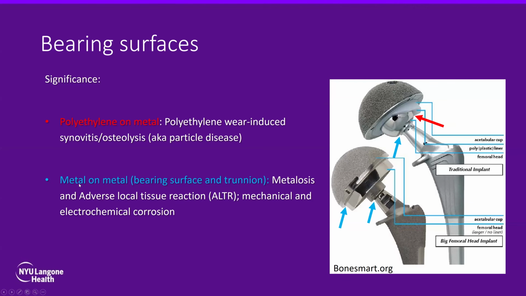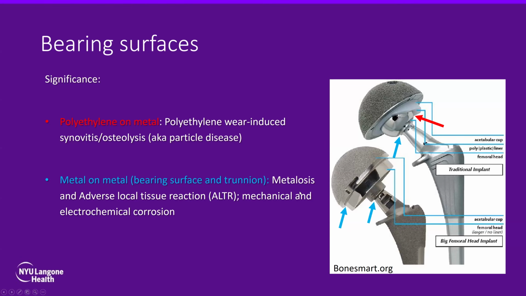On the other side, you may have metal on metal bearing surfaces, which can be between the femoral head and the acetabular cup in a metal on metal arthroplasty, or, as we discussed, the taper and the neck. At the taper and the neck we obviously don't have any frank motion, but over time patients may get really minor micromotions at this level. This area is called the trunnion, so you can also get metal debris from this junction.